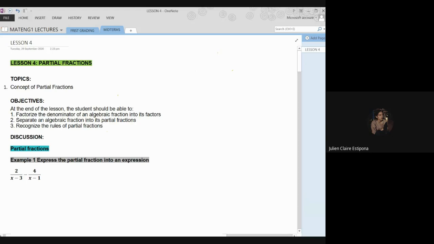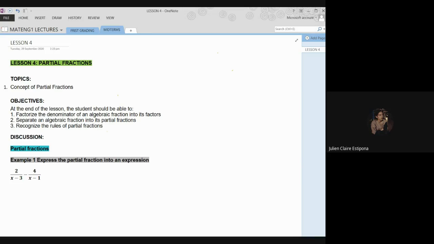So, we have here the partial fraction. So, the concepts of partial fractions, yun yung topics natin for lesson 4. And then at the end, of course, you will be able to factorize the denominator of an algebraic fraction into its factors and then separate an algebraic fraction into its partial fractions and then recognize the rules of partial fractions.